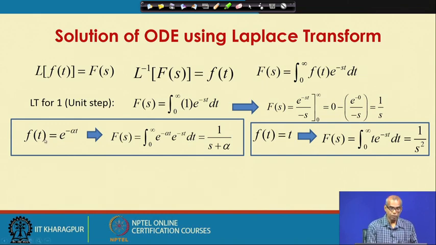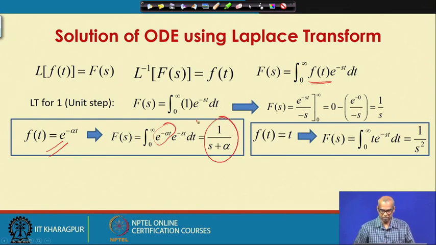Similarly, if you want to take the Laplace transformation of function e to the power minus alpha t, you put e to the power minus alpha t in place of f t, and then you get 1 by s plus alpha. So, Laplace transformation of e to the power minus alpha t is 1 by s plus alpha. Similarly, Laplace transformation of function f t equal to t is 1 by s square.